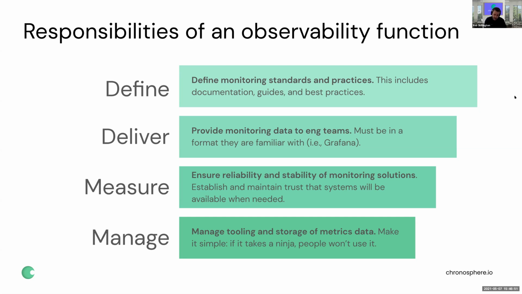And then, of course, the next thing that we think about is delivering monitoring data to your engineering teams. So this is obviously where we spend a lot of time as practitioners, but of course, it's just one of 4 very major responsibilities that we need to be giving back to the developers and engineers that depend on your observability function.